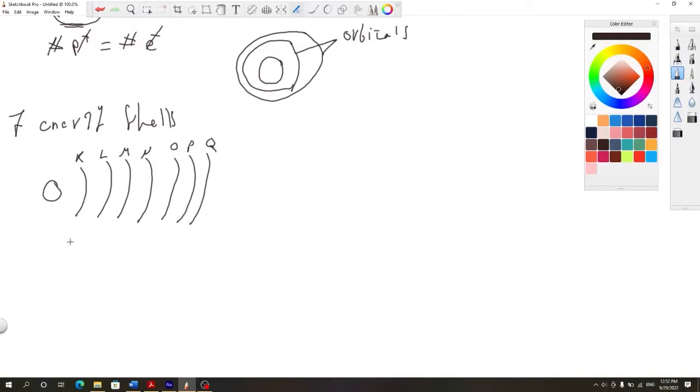As we get further from the nucleus, we can notice that the distance between the energy shells gets closer together. Right? I hope it's clear in the drawing that K, L, M, and N are at almost an identical distance from each other, while O, P, and Q are closer to each other, right?